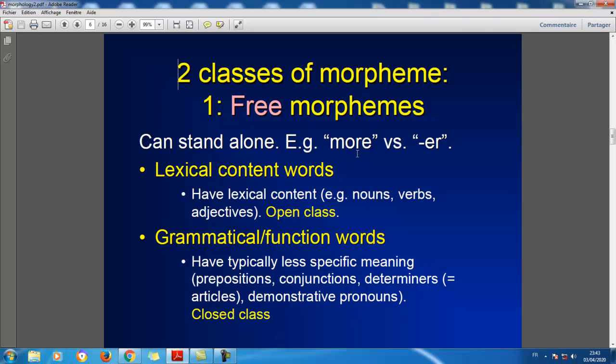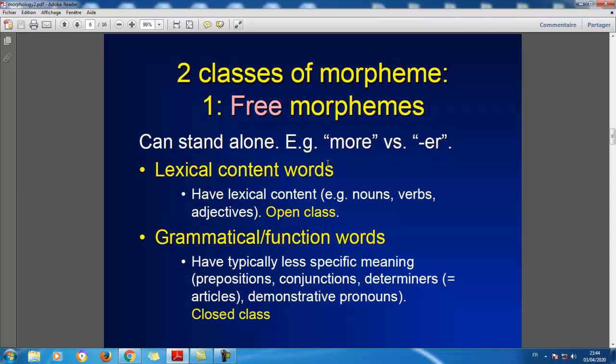Now, those bits or units which should be attached to other words, or what we call roots, they are called bound morphemes. So this is our first distinction. It should be drawn between free morphemes and bound morphemes. More is a free morpheme. Er is a bound morpheme.